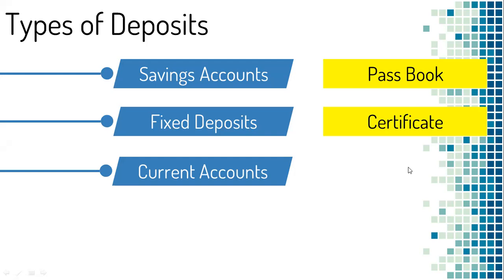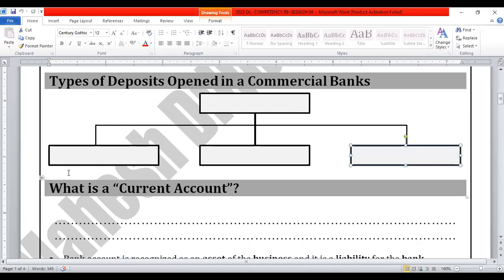For a fixed deposit, you receive a certificate. And for the current account, what you receive? Once you open a current account, you receive a checkbook. Savings account, here you can write passbook, here you can write a certificate, here you can write a checkbook.